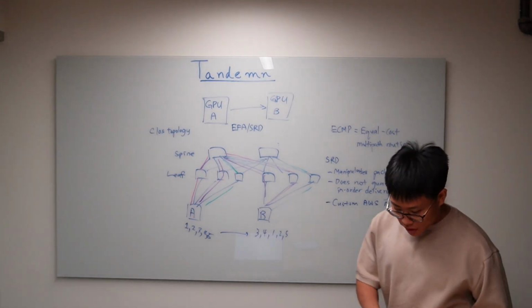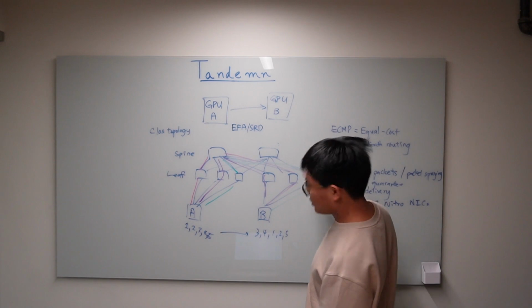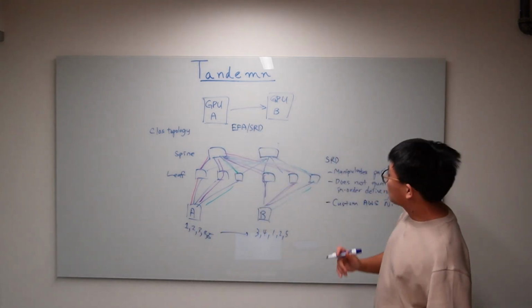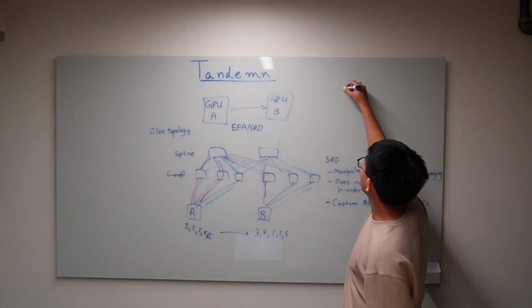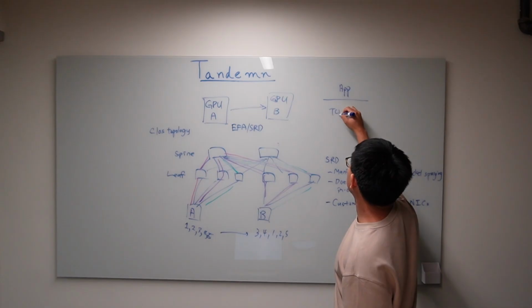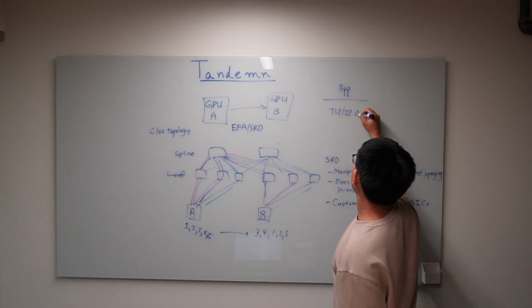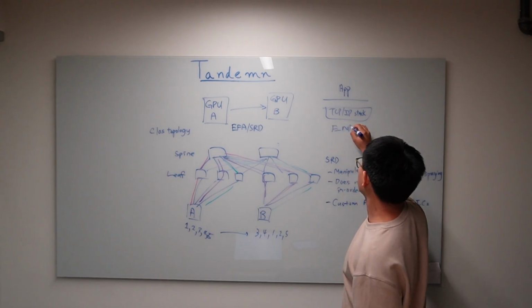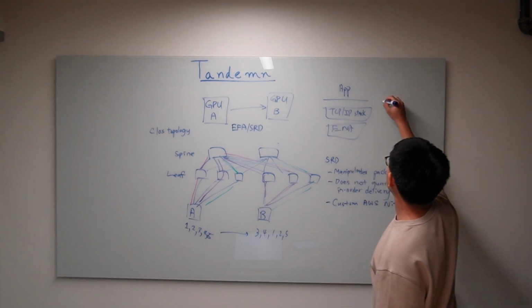And from a software perspective, the stack looks like this. Instead of the traditional path where it goes from application to your kernel TCP/IP stack, and then in AWS goes to your ENA network interface, how it actually looks will be like this.